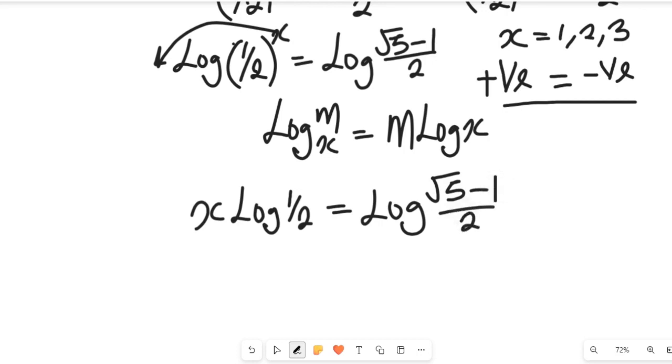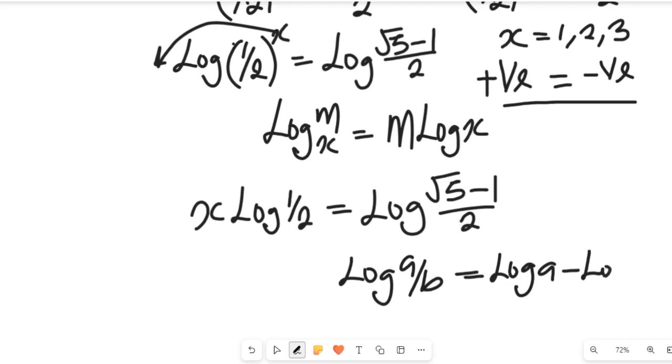Now recall that from the laws of logarithm, if we have the log of a divided by b, according to the division law of logarithm, this will give us log of a minus log of b.